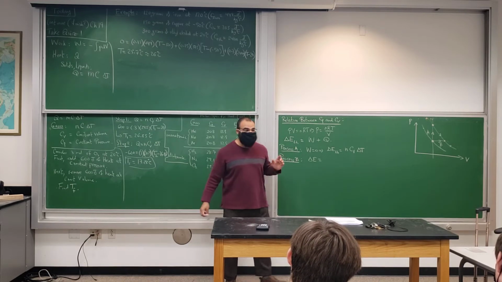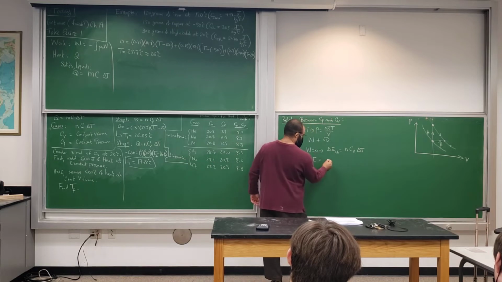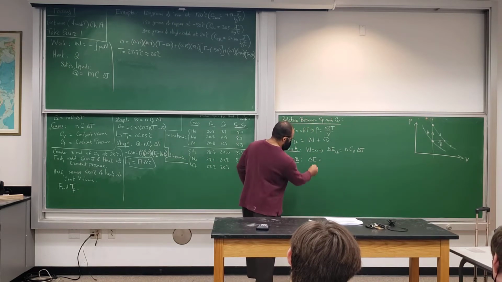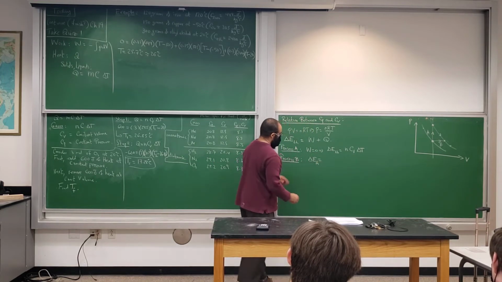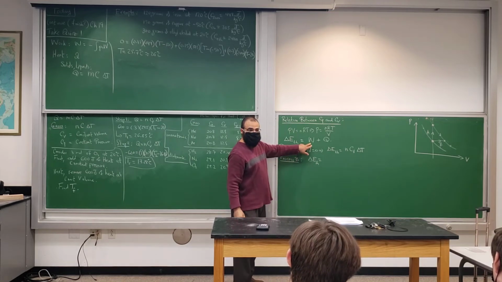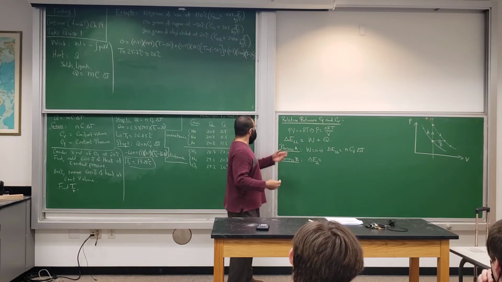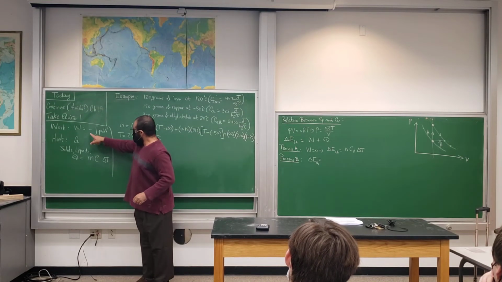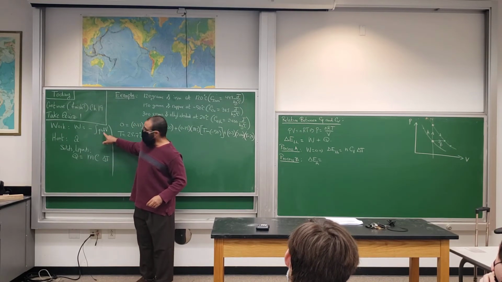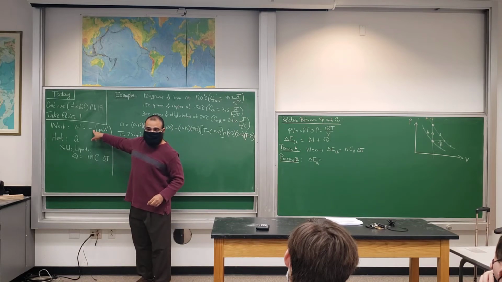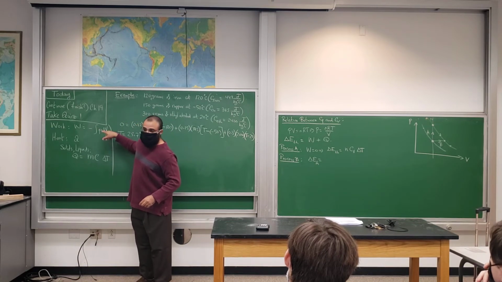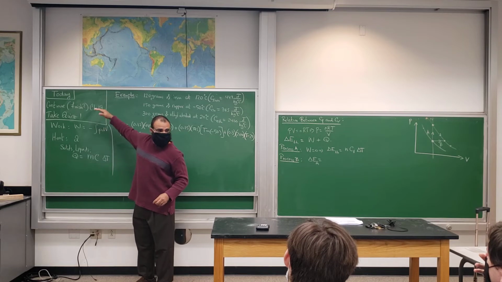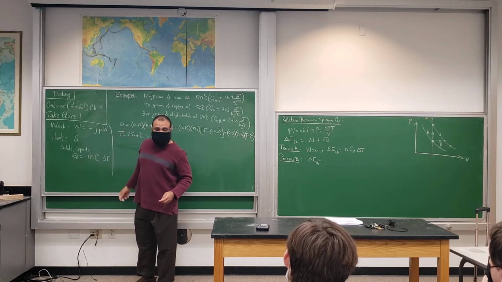Negative P times delta V. The work done is always the integral of P dV, but if P is constant, pull it out of the integral, and you get negative P, the integral of dV from V initial to V final, so it will just become negative P delta V.